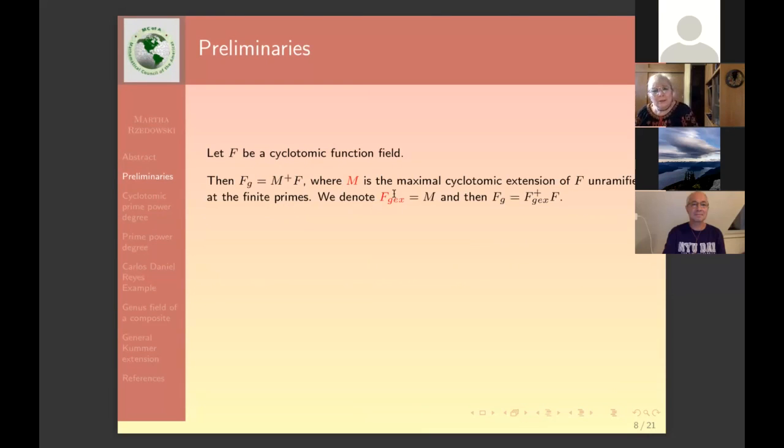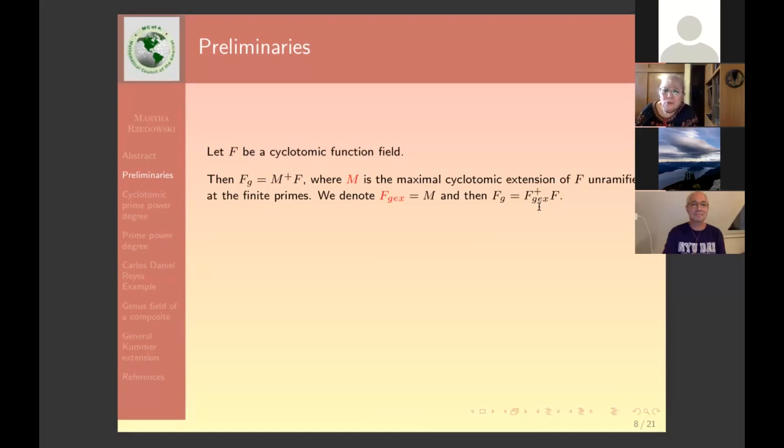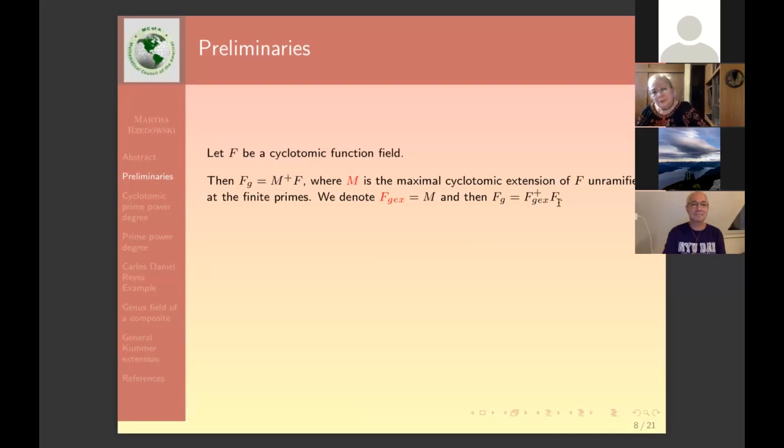We know it by the name of the extended genus field of F, or narrow genus field. And then, of course, Fg is equal to the plus extended genus field of F composed with F.